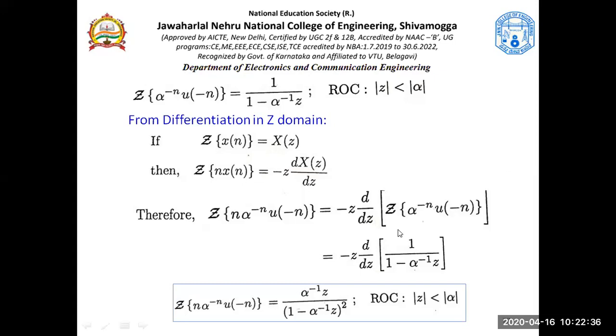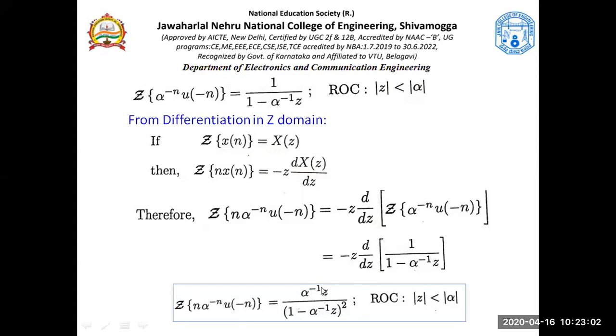So it is minus 1 by denominator square. In the denominator along with z, since we are differentiating with respect to z, this alpha inverse should come here along with that minus. So in the denominator it is minus alpha inverse along with this minus z. So it would become alpha inverse into z divided by the denominator square.